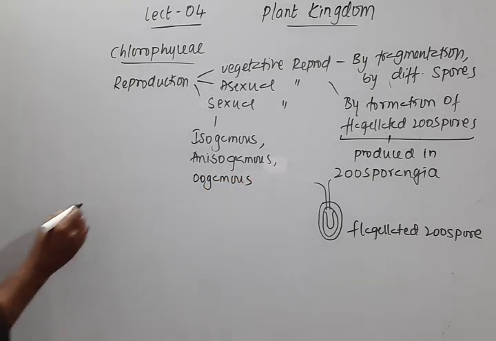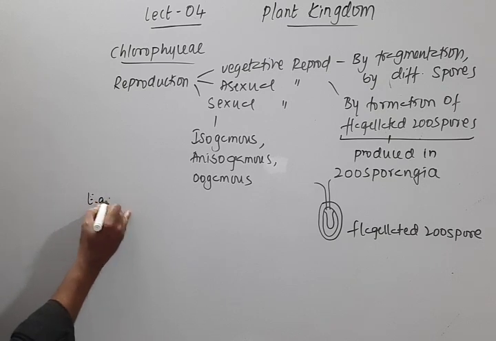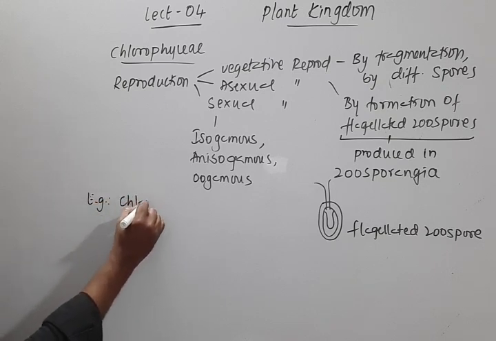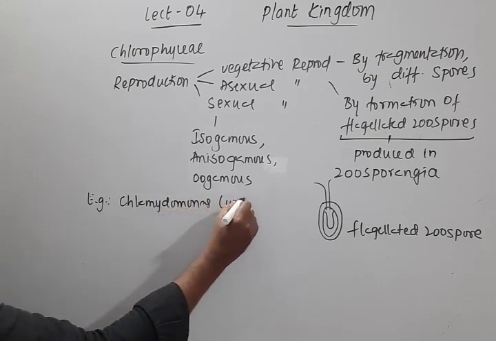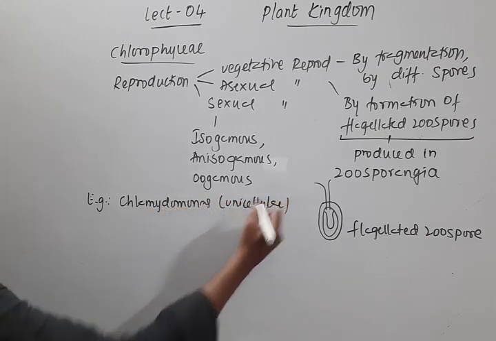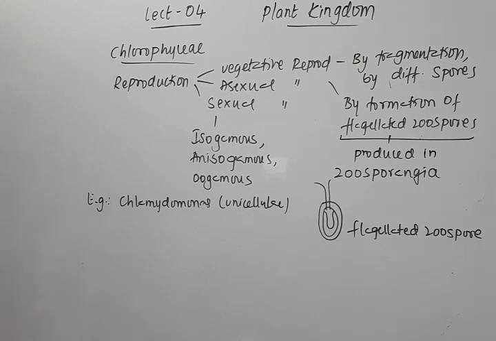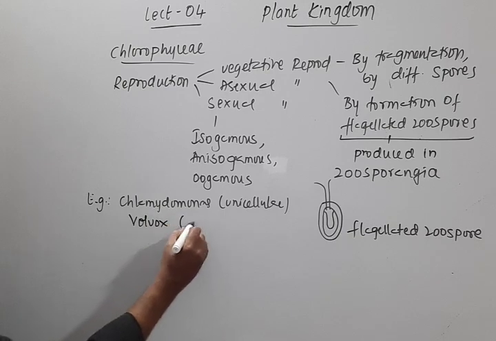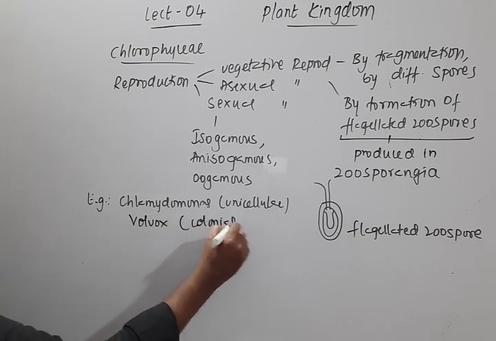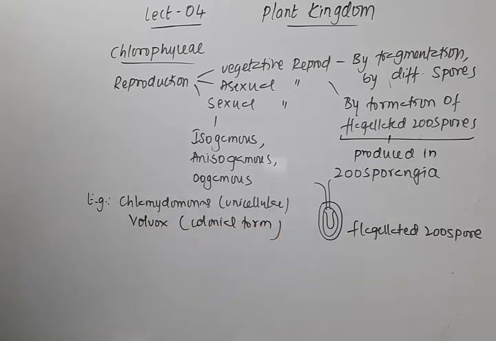Let's see some examples of Chlorophyceae. Chlamydomonas is a unicellular form. Then Volvox is a colonial form.